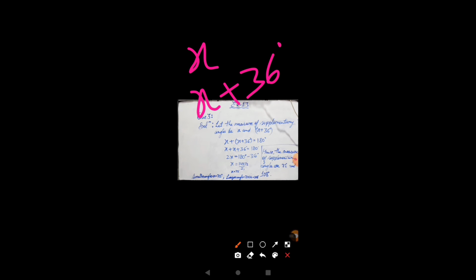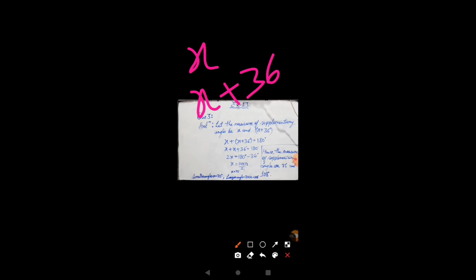Let the measures of the supplementary angles be x and x plus 36. We have assumed the smaller one as x, and the second, the larger one, is 36 degrees more than the smaller one, so it will be x plus 36 degrees.